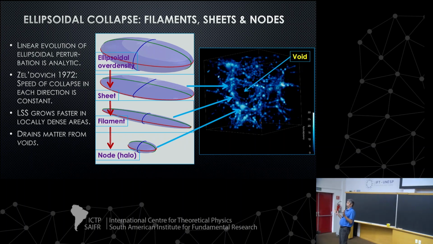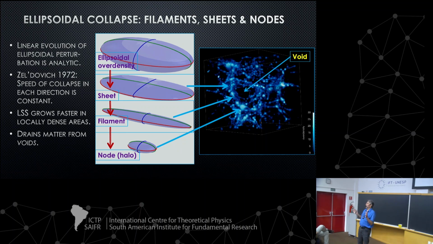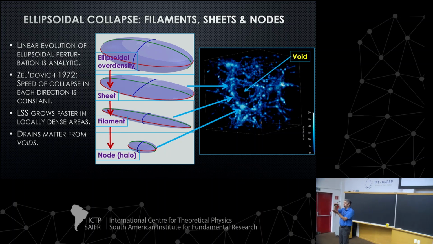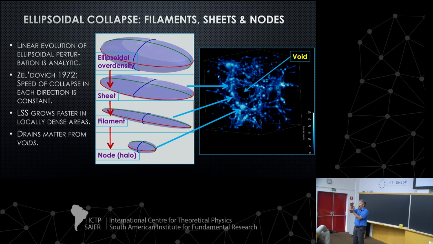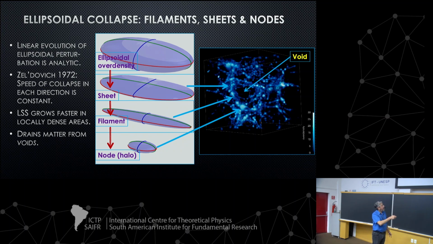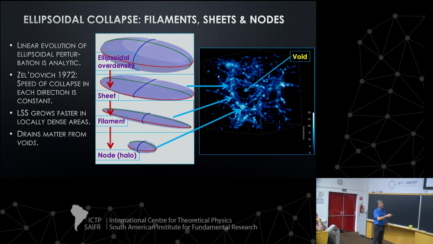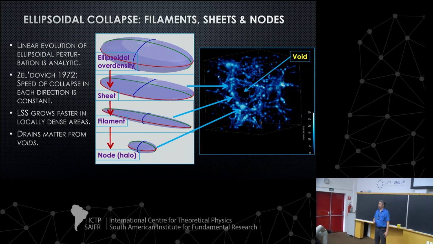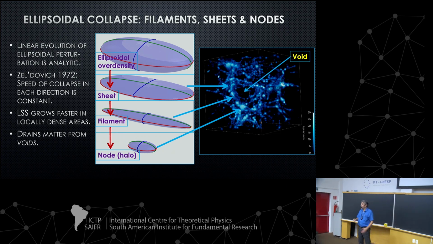It's not totally intuitive why, but effectively the first axis that collapses is the smallest axis, and you end up with a sheet. Then the second axis collapses, and you end up with a cigar or filament. Finally the long axis collapses, and you end up with a halo, not necessarily spherical, it's triaxial.